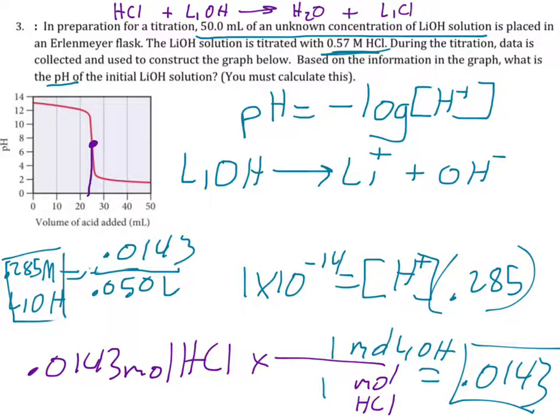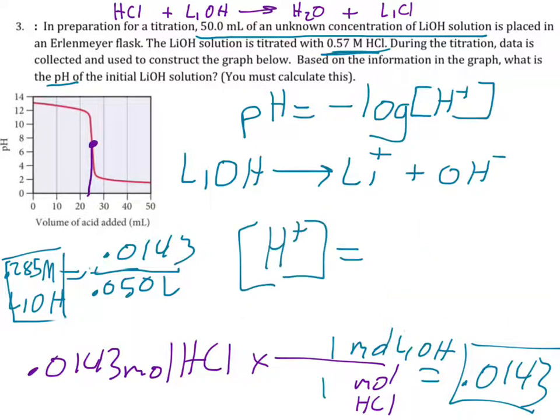And we end up with this setup here, and all we need to do is some basic algebra to solve for this hydrogen ion, which gives us 3.50 or 3.51 times 10 to the negative 14.